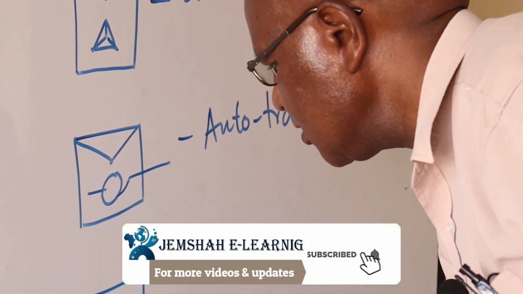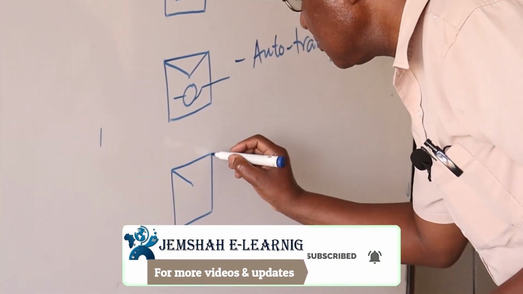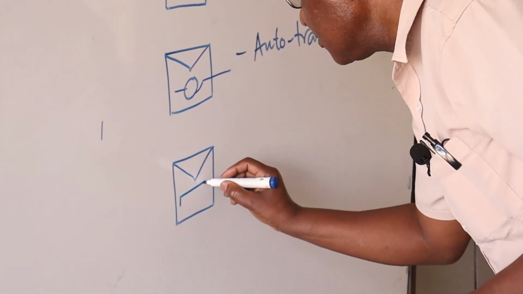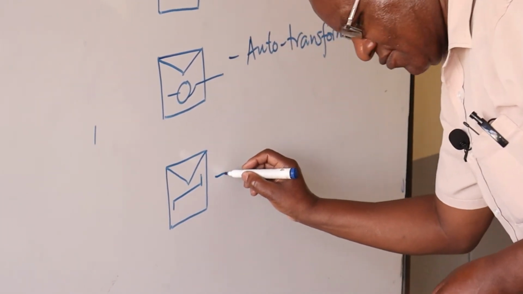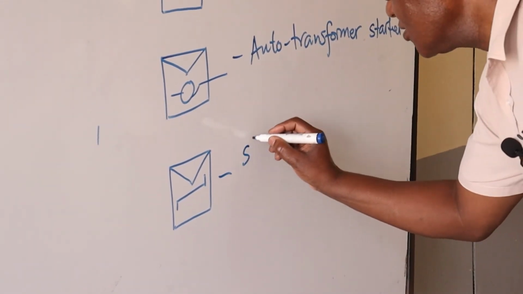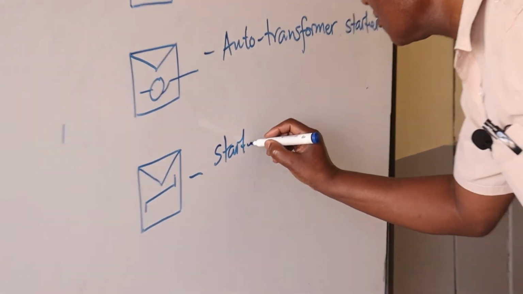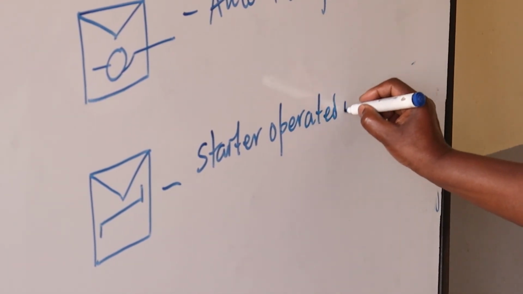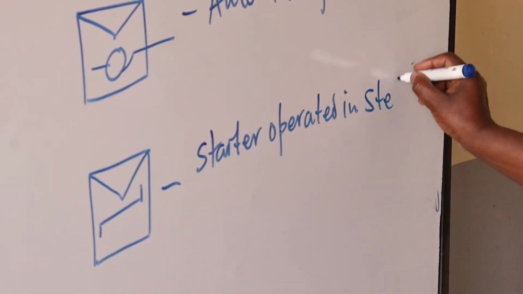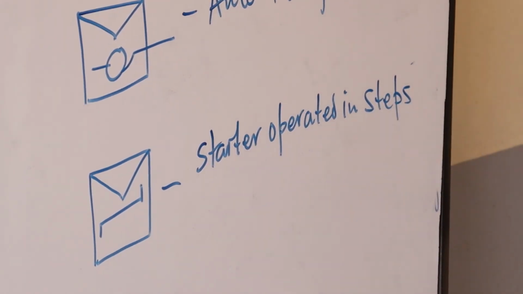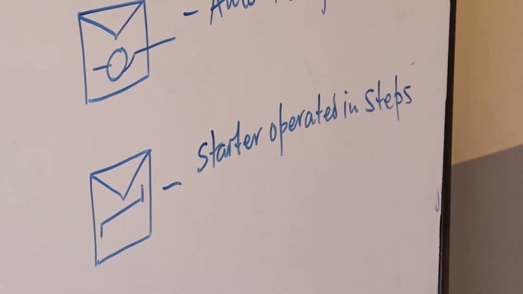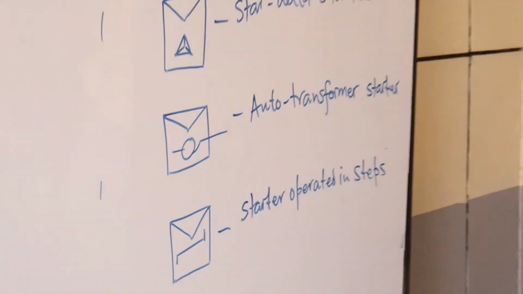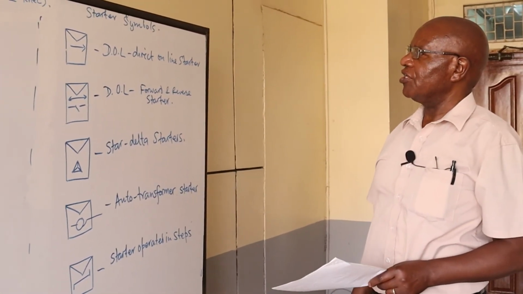Then again, for the large motors, we have some motors which operate in steps rather. And basically, those are the ones that you will be coming across. Of course, there are other types depending on your motor connections.